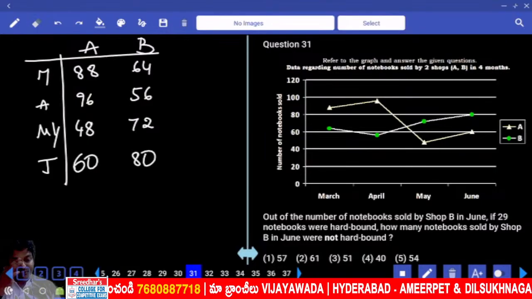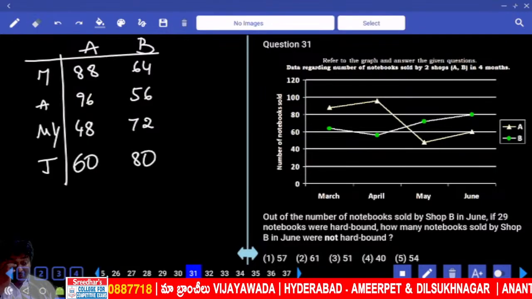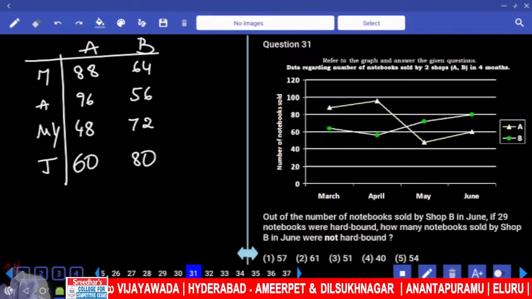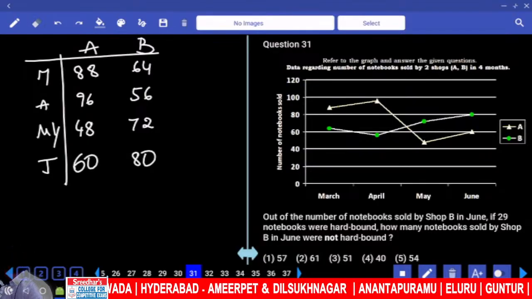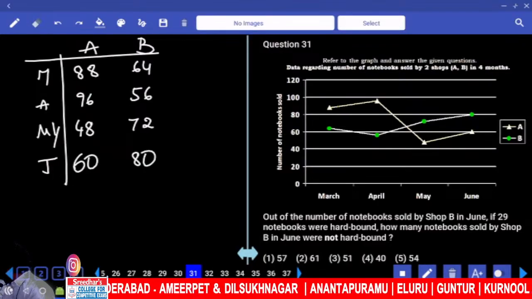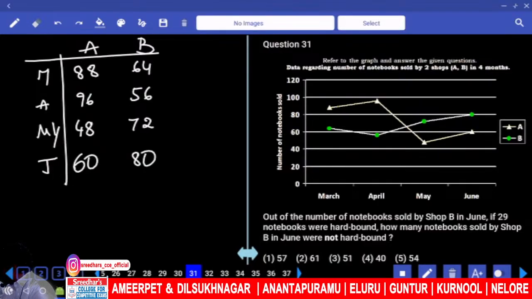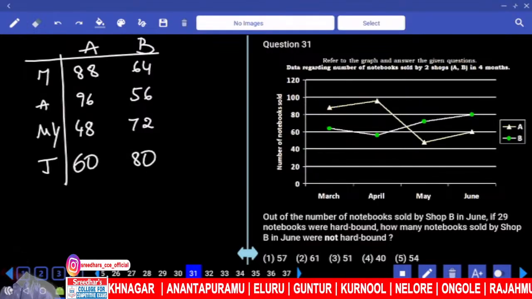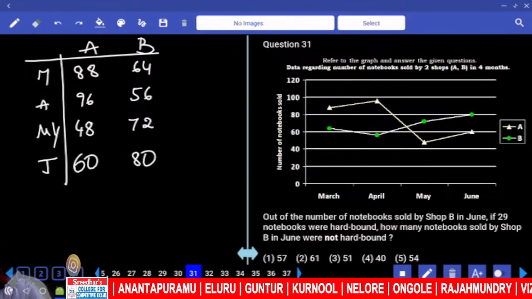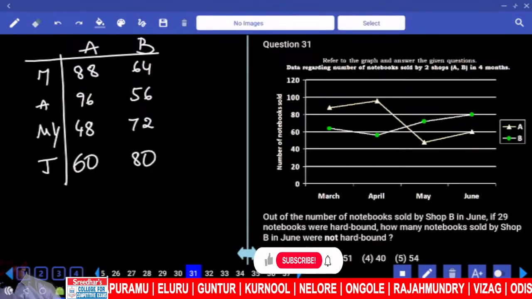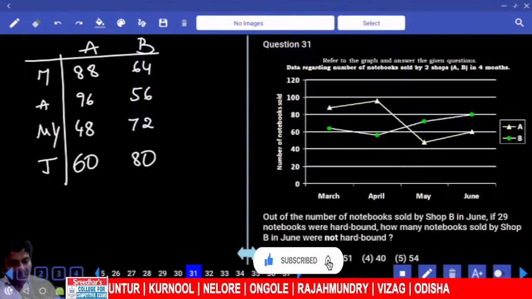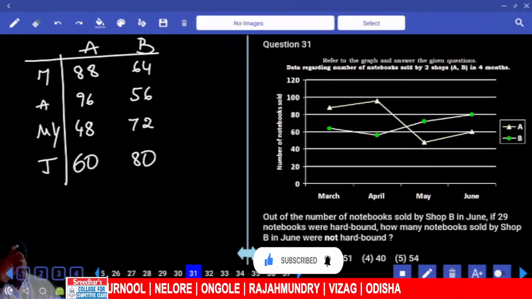Out of number of notebooks sold by shop B in June, 29 books were hardbound.